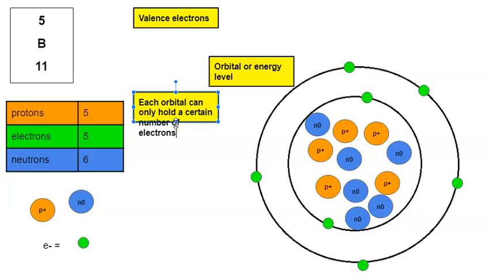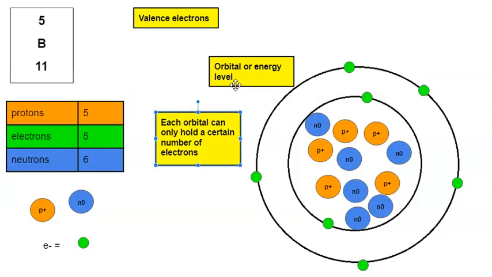And the reason for that is the charges of the electrons. So each of these black rings is an orbital energy level, and I think we've even mentioned before that they're called shells too. And each of these can only hold a certain number of electrons because electrons have the same charge.